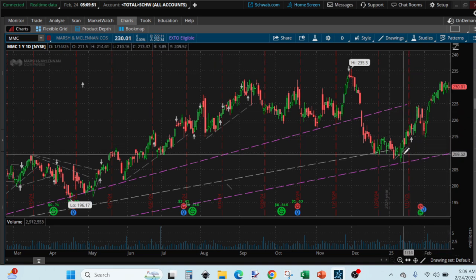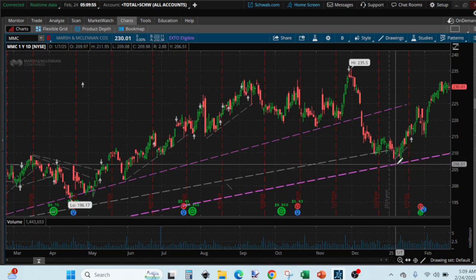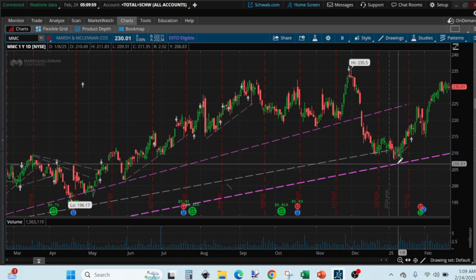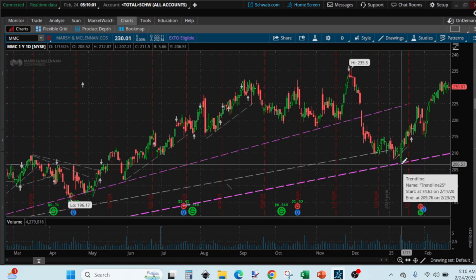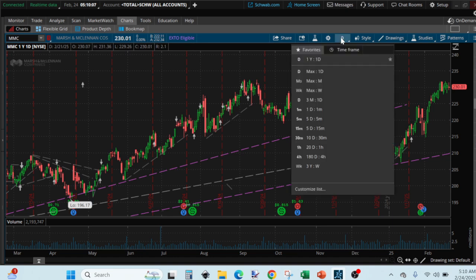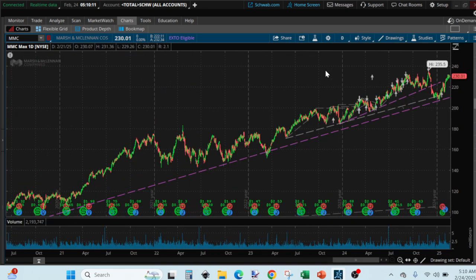So now what we are going to do is go back to the maximum daily chart and see how it behaves when it reaches the trend line that we bought it on. I'm just showing you how the long optional insurance strategy that we are using works.